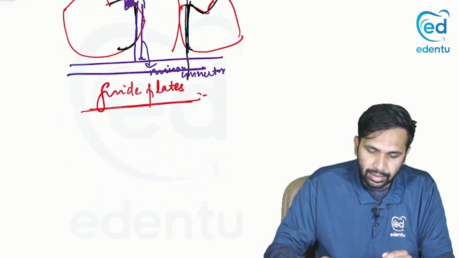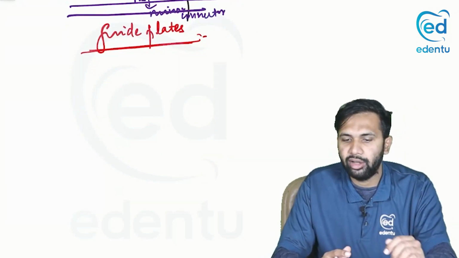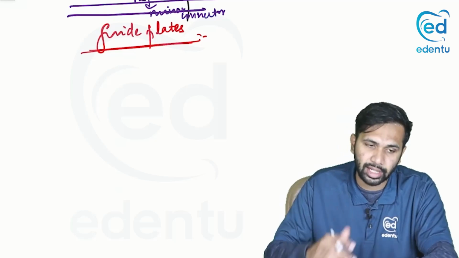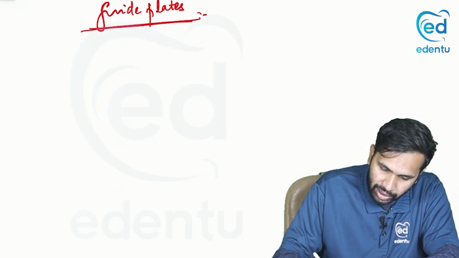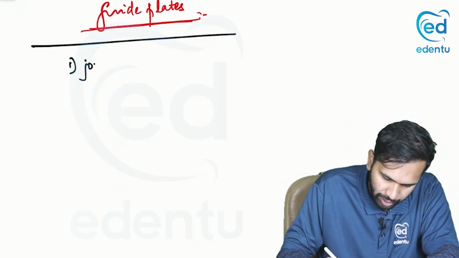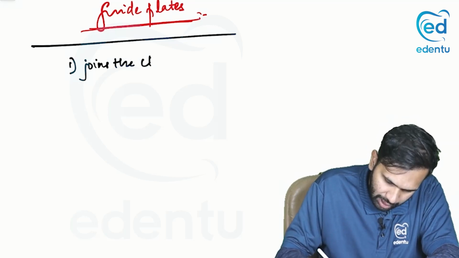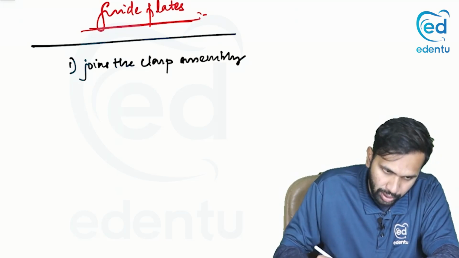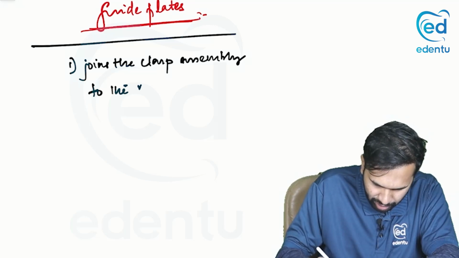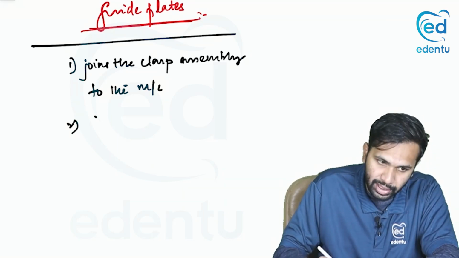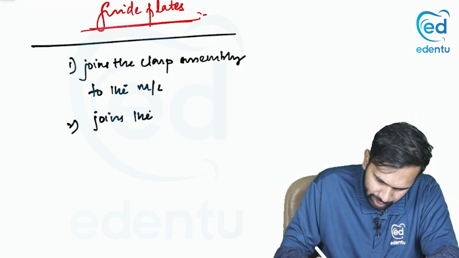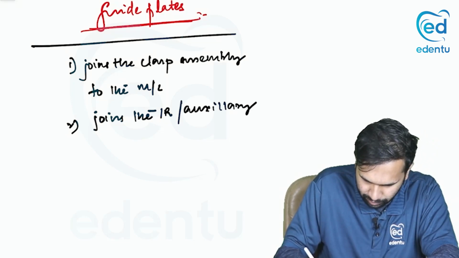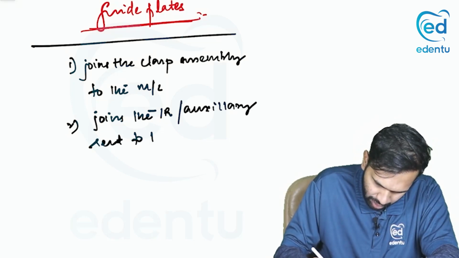Now, this minor connector I told you can be of many types. That is, the minor connector can be the one which joins the clasp assembly to the major connector. Second, it joins the indirect retainer or your auxiliary rest that we'll be studying to the major connector.